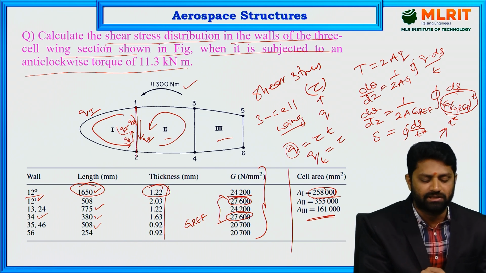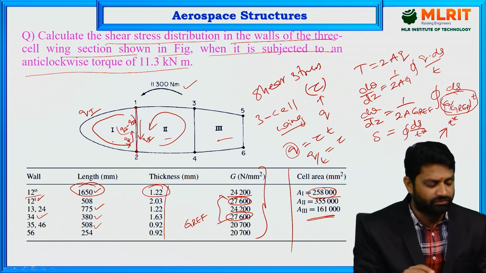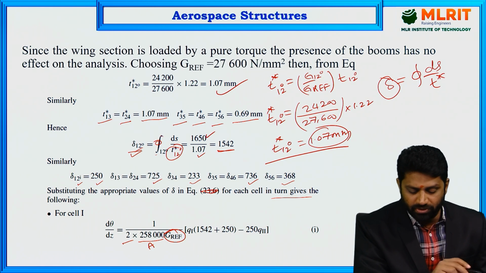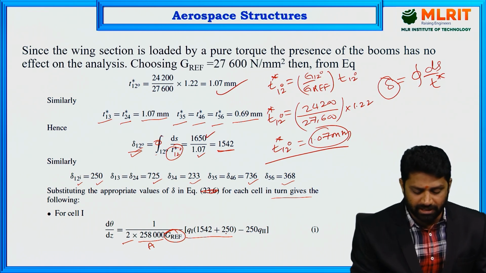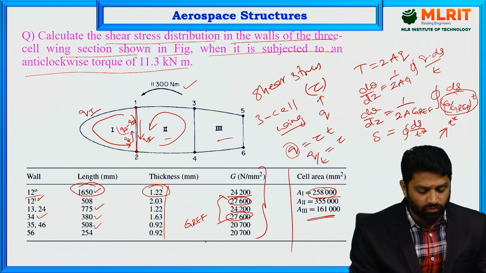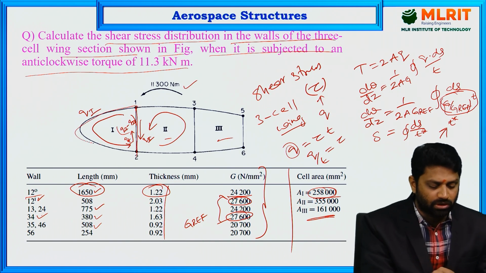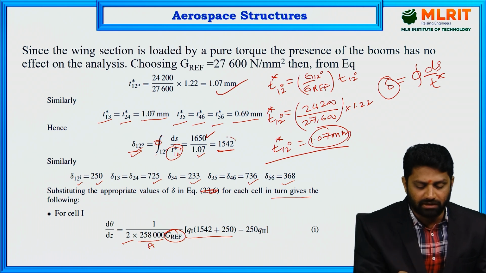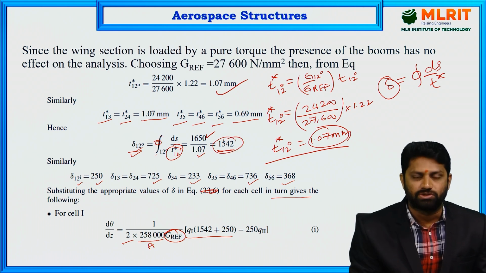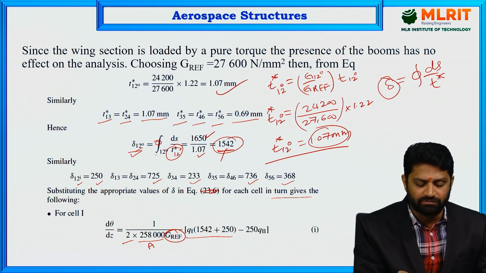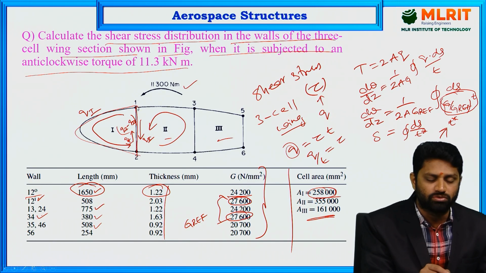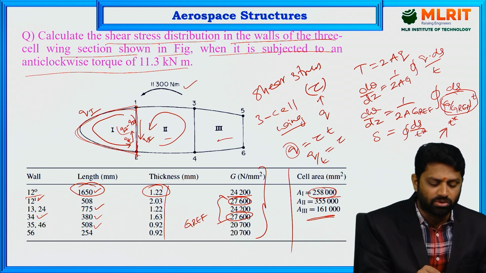So we have to take the subtraction of this one, Q1 minus Q2 for cell 1. Similarly, the cyclic integral of Q ds by T we will write, and what I am trying to write here is Q1 first, Q1 for the outer wall. So for the outer wall, delta 1 2 star for the outer wall is 1542, and then next, for cell 1, you have two walls, that is 1 to outer as well as 1 to inner.